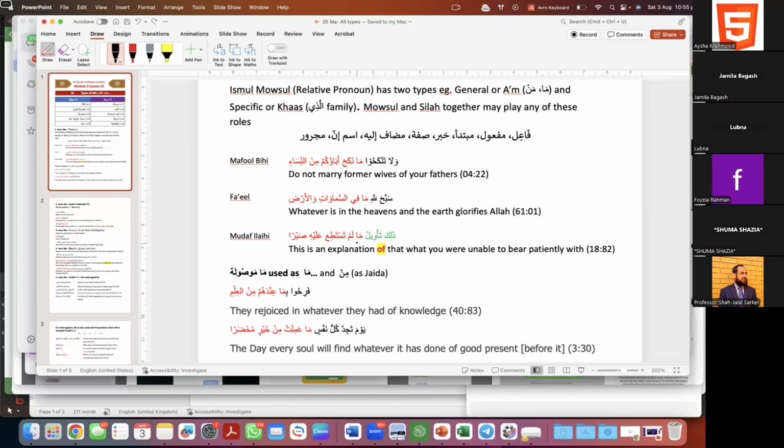Then the remainder would be mudaf ilayhi. For example, baitun plus Allahu becomes Baitullahi, correct? A single word shows majrur with kasra on the mudaf ilayhi word.